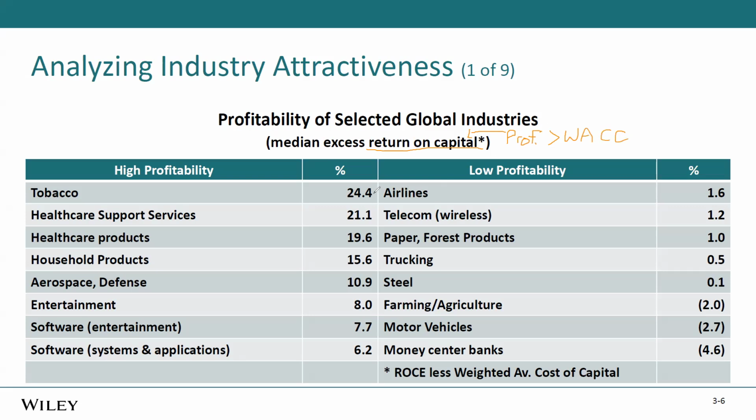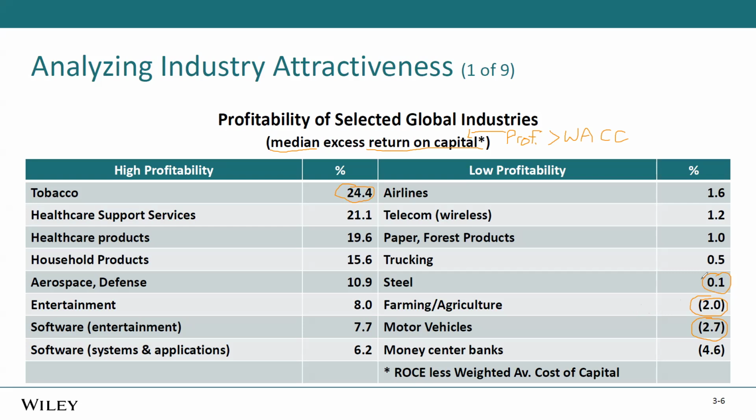Different industries have very different median profitabilities. Median means that half of all firms do better than this, half do worse. Tobacco industry, extremely profitable. Motor vehicles industry, not very profitable. In fact, on average, more than half the firms make a loss. Same thing with agriculture. Steel barely breaks even.